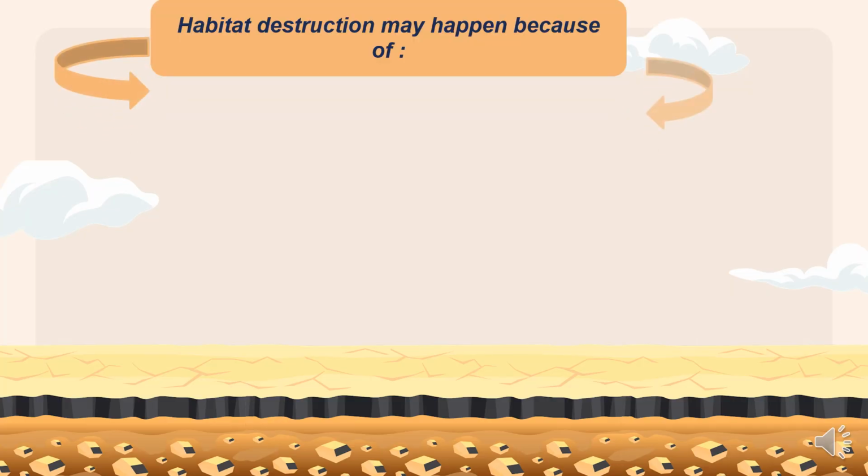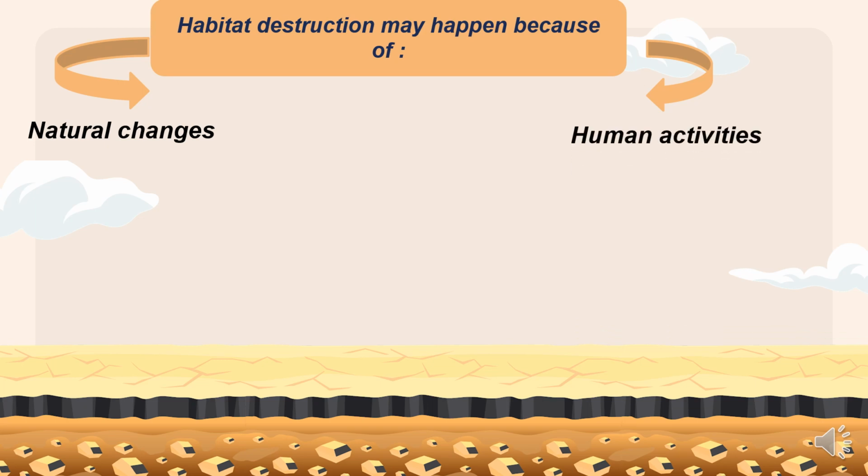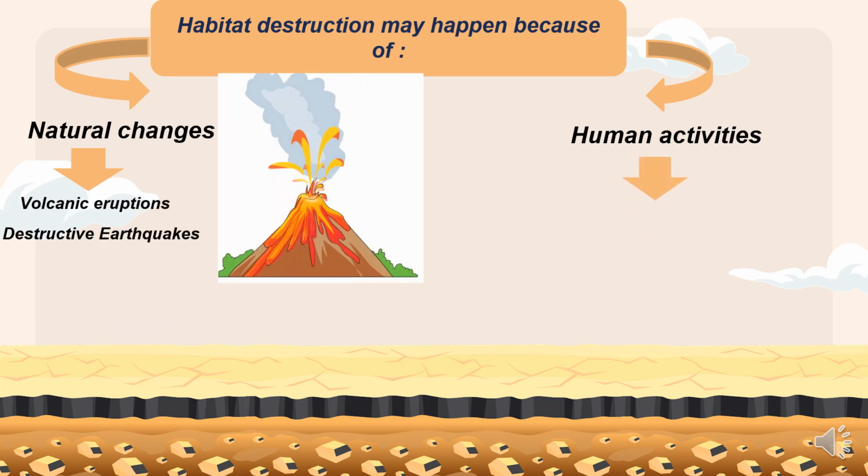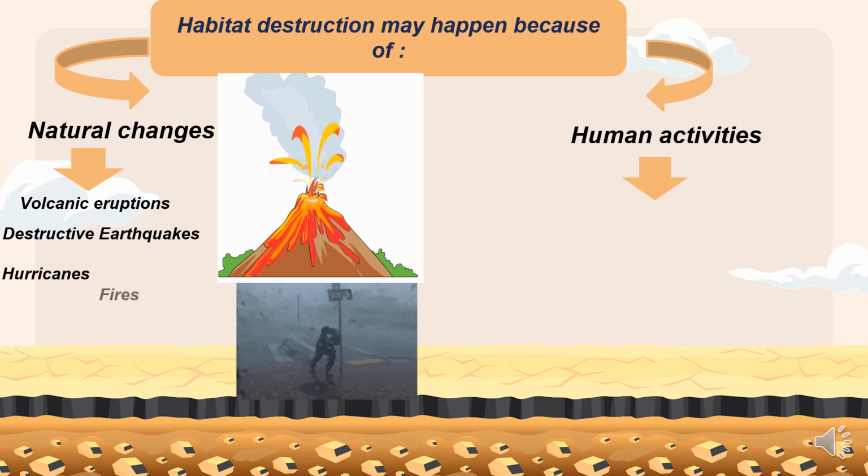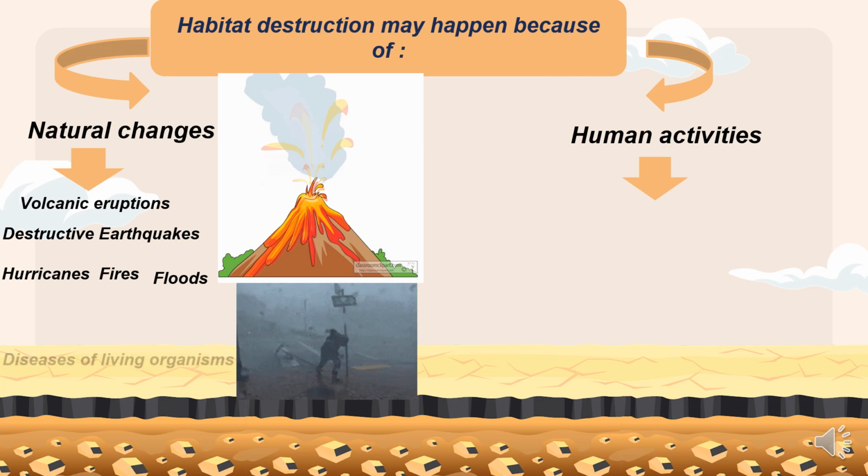And now primary 6, if I ask you, do you think habitat destruction may happen for any habitat or not? Surely it may happen, and it has two reasons. Habitat destruction may happen because of natural changes or because of human activities. Natural changes include volcanic eruptions, earthquakes, hurricanes, fires inside forests, floods, and drought.